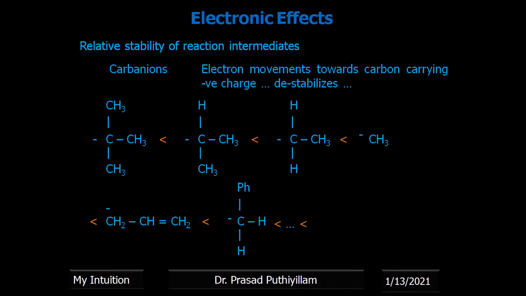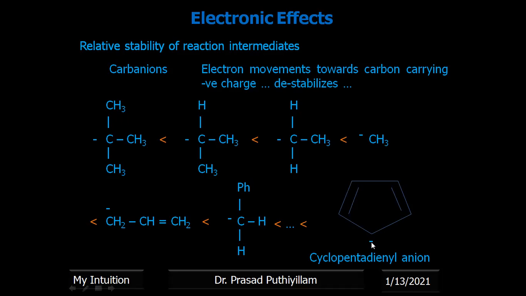So we can list diphenyl substituted and triphenyl substituted cases to discuss, and even a carbon carrying a negative charge that also has a triple bond with the next carbon will be stable. There is no electron movement; that is explained by the sp hybridization. One other example given here is the cyclopentadienyl anion.